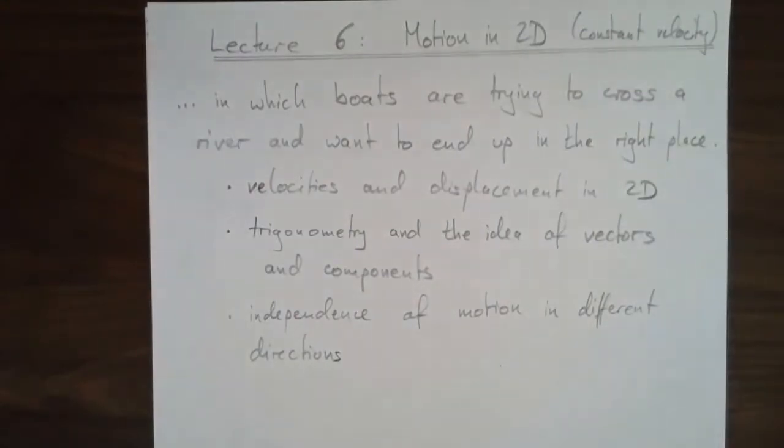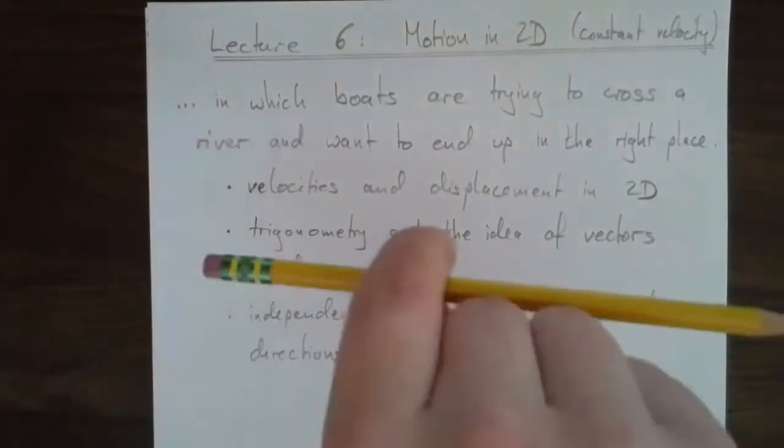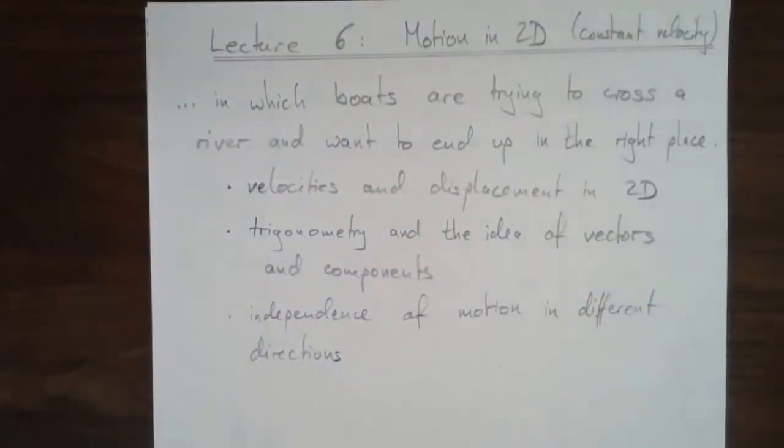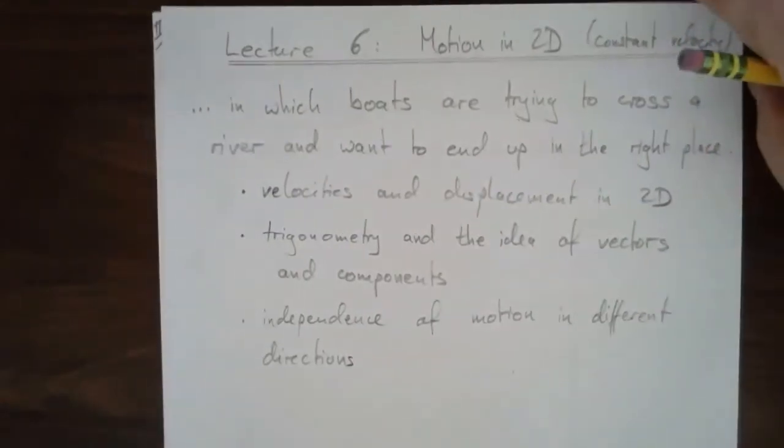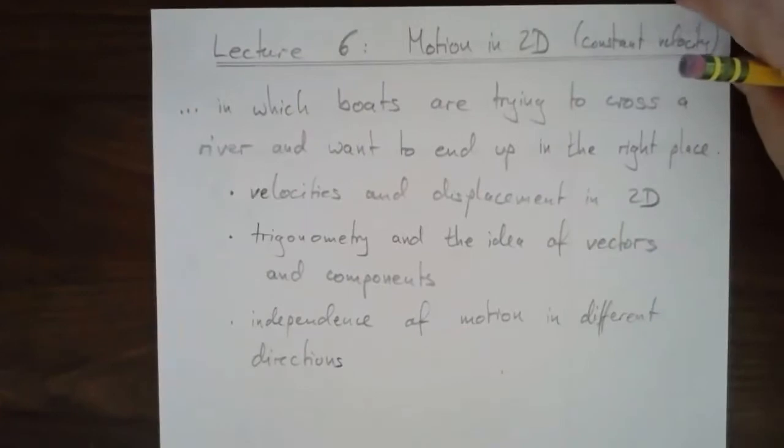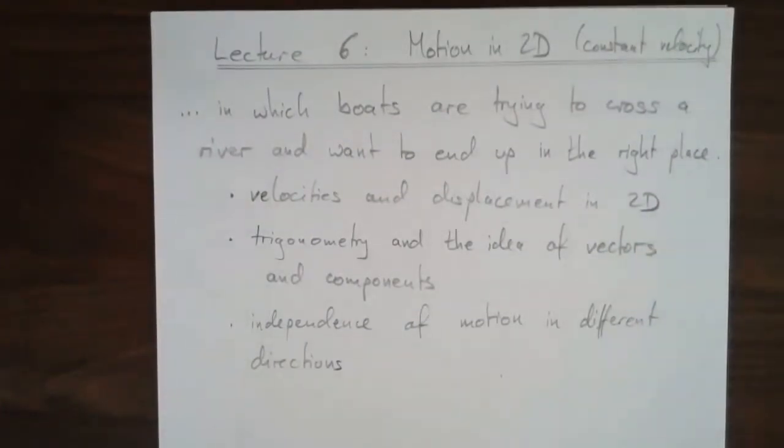That is irrelevant. Assuming you have the information that you could solve a 1D problem left-right, then it does not matter what happens in the other direction. We'll see that in action. We'll see what that means. It is in a way almost more obvious than it sounds. It sounds very abstract, it sounds very strange, but it's hard to think of it being any other way in a sense.